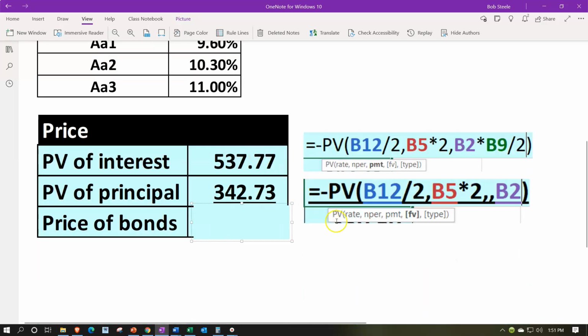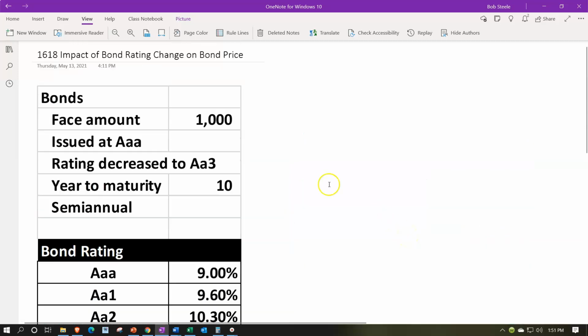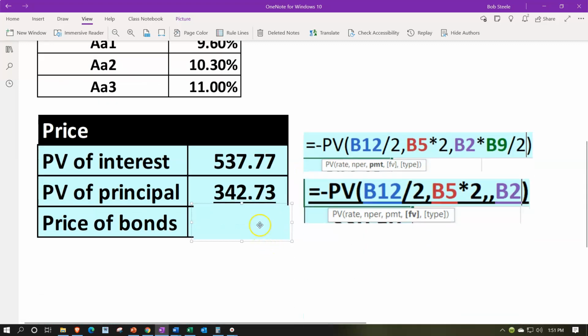So we'll multiply that times 2 to get the 20 6-month periods, comma, because it's not an annuity but present value of 1. The future value then is the $1,000. That would give us the $342.73. Adding up the $537.77 and the $342.73 gives us then the $880.50.